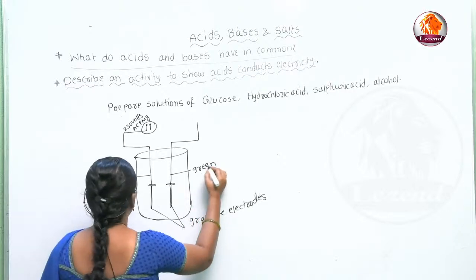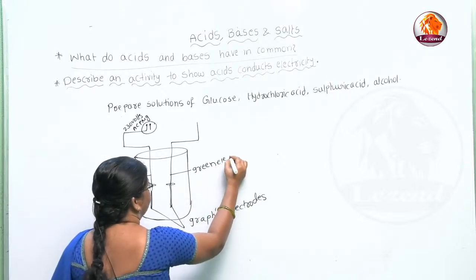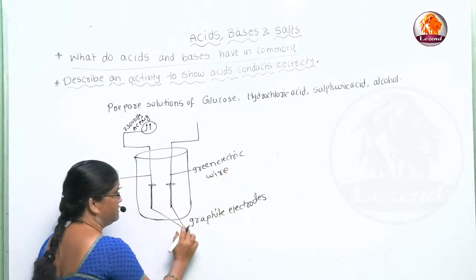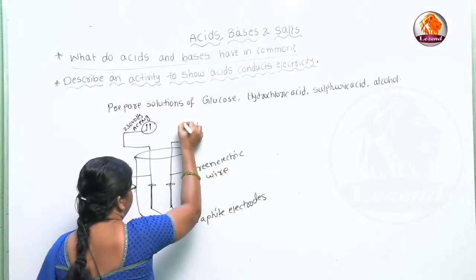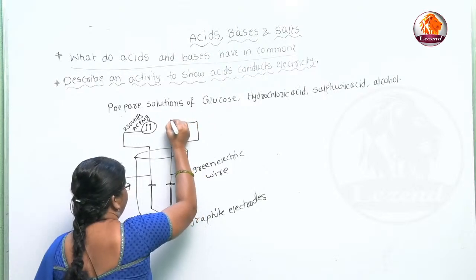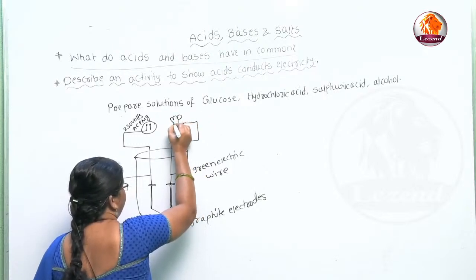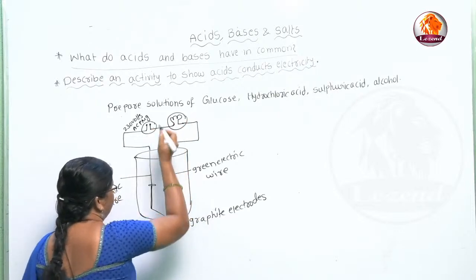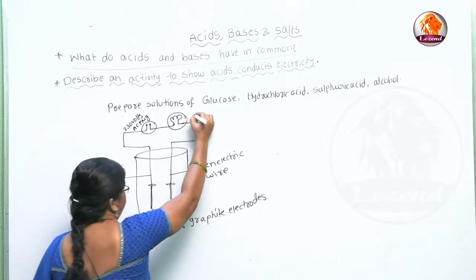The green color electric wire has one end connected with the graphite electrode, and the other end we connect with a bulb. Like this we have to complete the circuit.